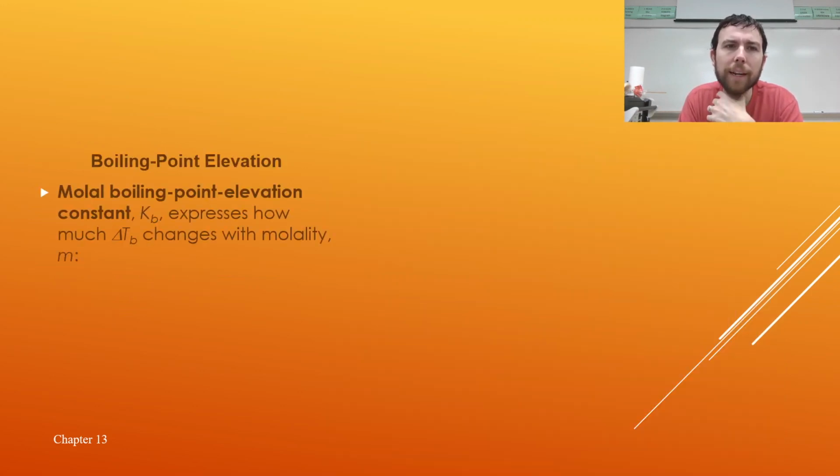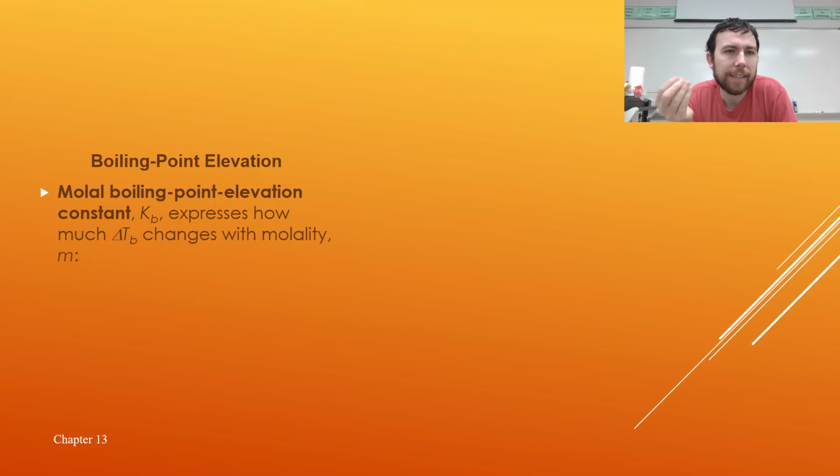So with boiling point elevation, it can be related through an expression. And with colligative properties, it's important to note that the units of concentration that we're dealing with are molality. I know that was introduced at the end of the previous video. Molality is a form of concentration. And so when we read this, it says the molal boiling point elevation constant.